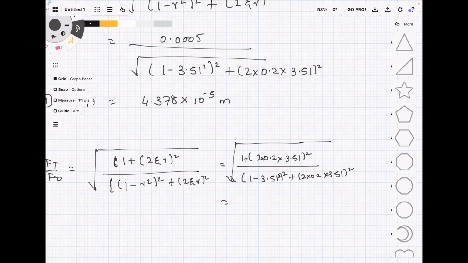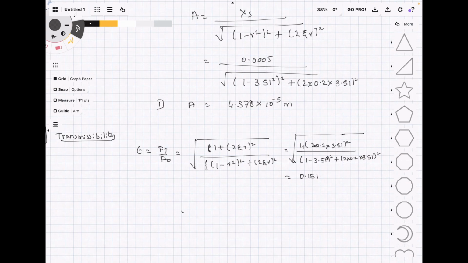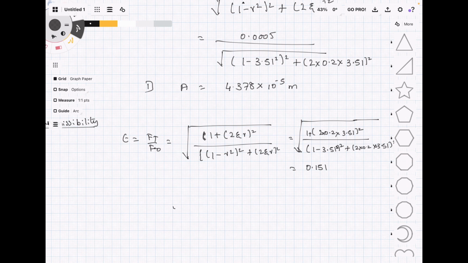If you solve this, we'll be getting the solution. So it will be 0.151.